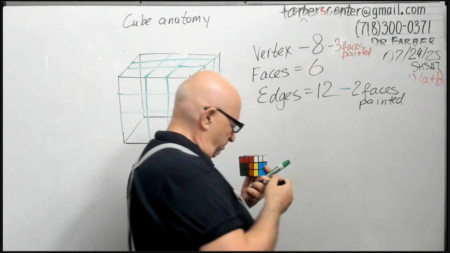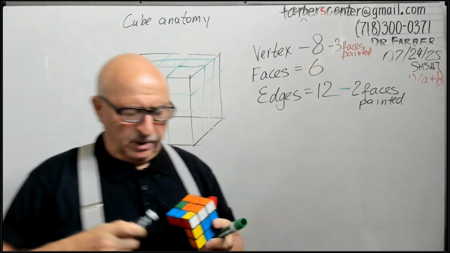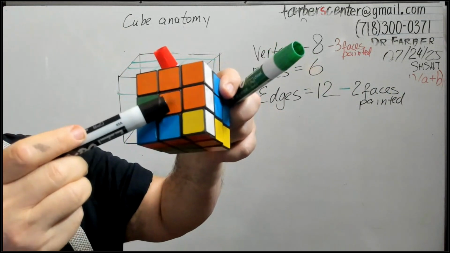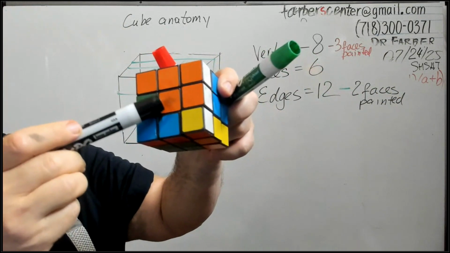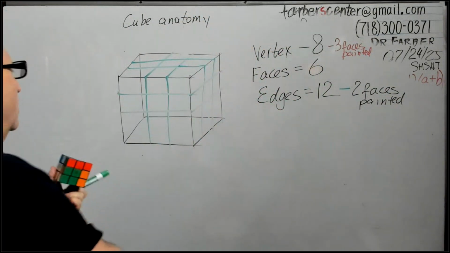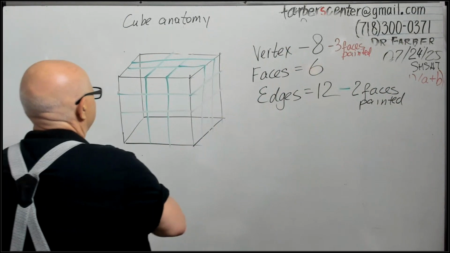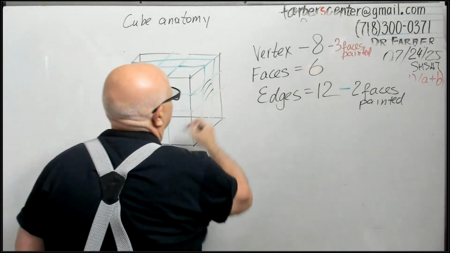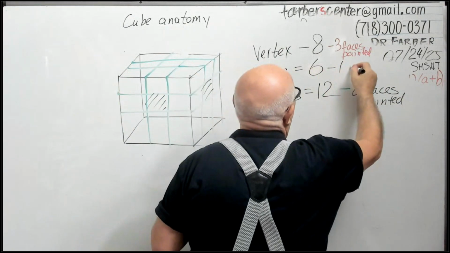And finally, if you look at this cube in the center, it has 1 face painted, accessible from one side.